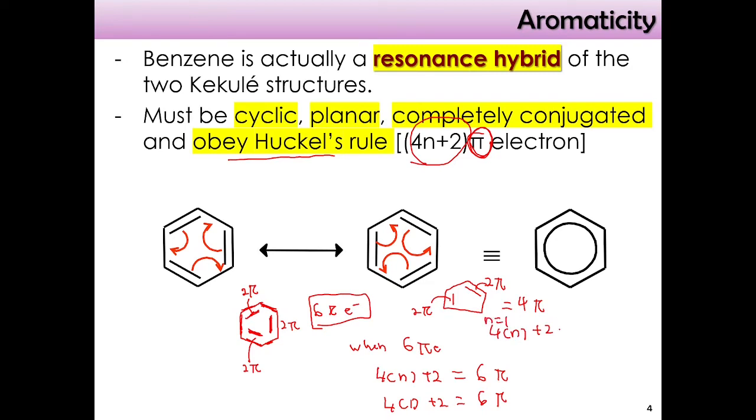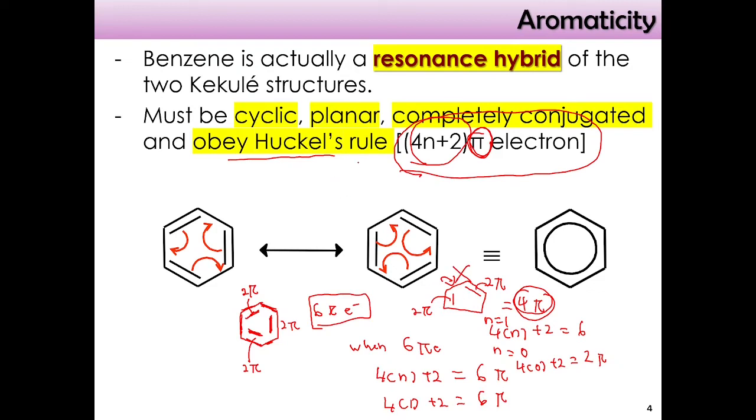When n equals 0, 4 times 0 plus 2 equals 2 pi. So when you have 4 pi, there is no n that is valid with Huckel's rule. So this is not considered aromatic.